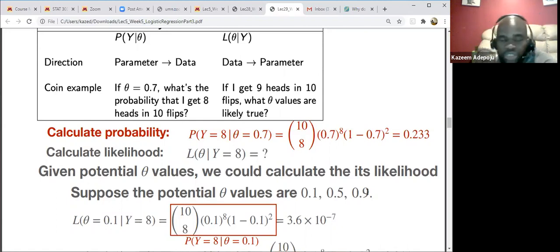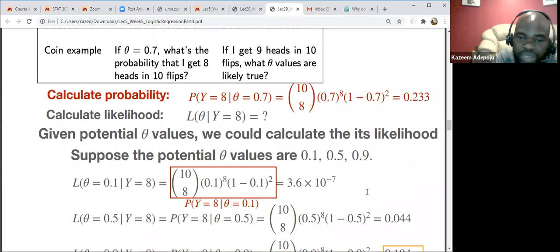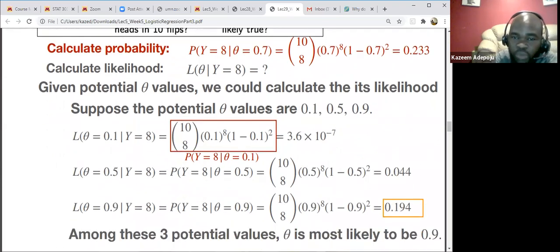We're going to have a parameter space, and within the parameter space we are looking for the optimal values of the parameter. There's always going to be a guess, because when you are doing research, your mind can never be empty. We're going to have something in mind, and that is why we have the potential values for theta: 0.1, 0.5, and 0.9.